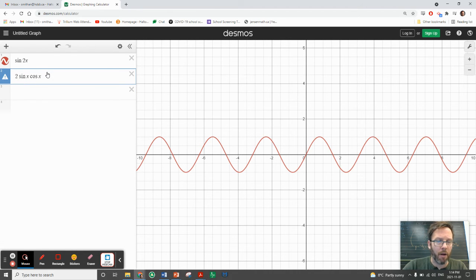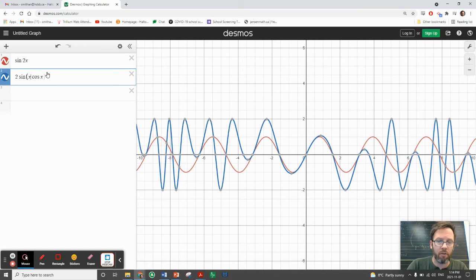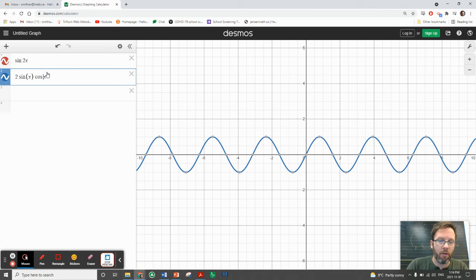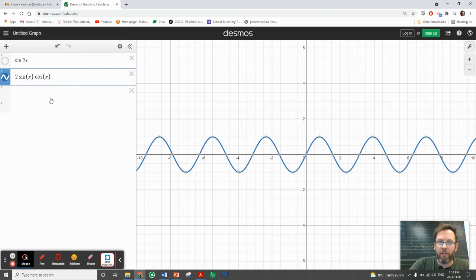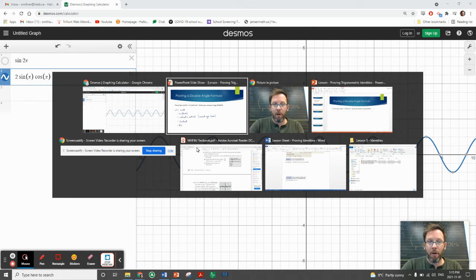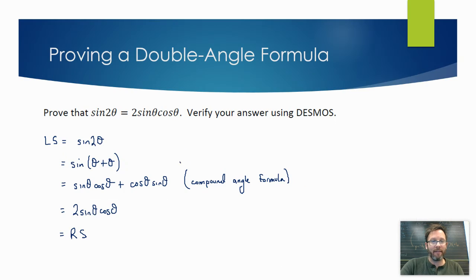I think it wants me to use brackets. I'll do that. Interesting graph. All right, that's better. And you can see that sine 2x is in red, 2 sine x cos x is in blue. They're the same graph. And moreover, we actually proved it algebraically that they are the same expression. That is an identity. So pretty neat.